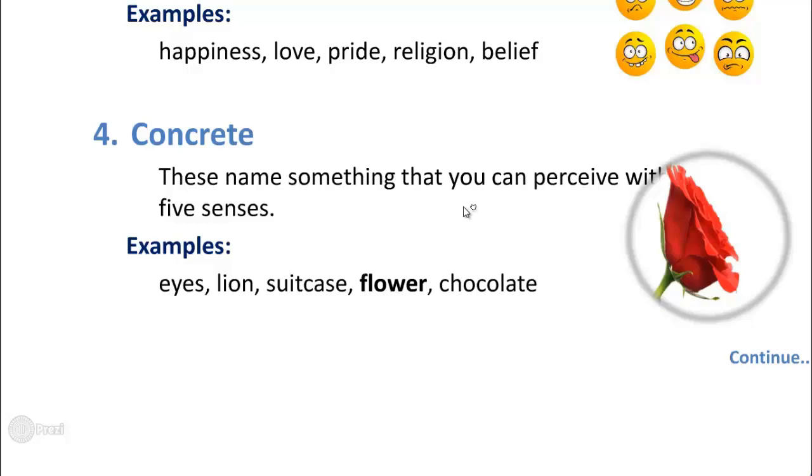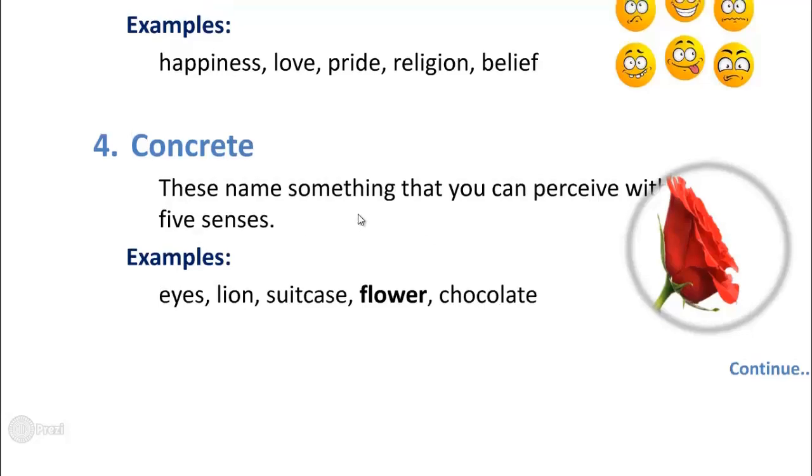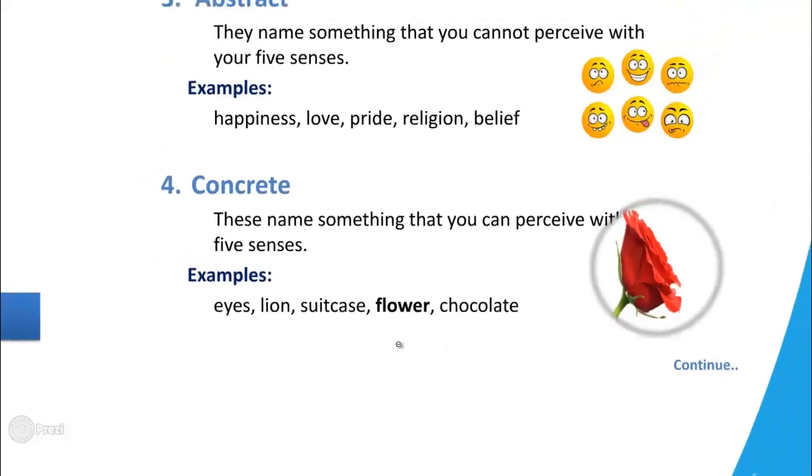Now we have concrete nouns. These name something that you can perceive with your five senses. So we can talk about eyes, lion, suitcase, flower, chocolate. Something you can perceive, something you can see, listen to, eat, feel with your hands, with your skin, etc.